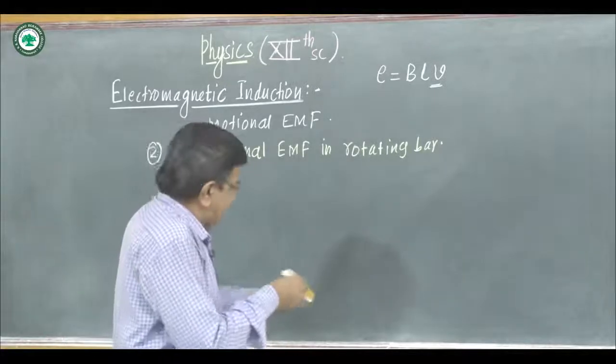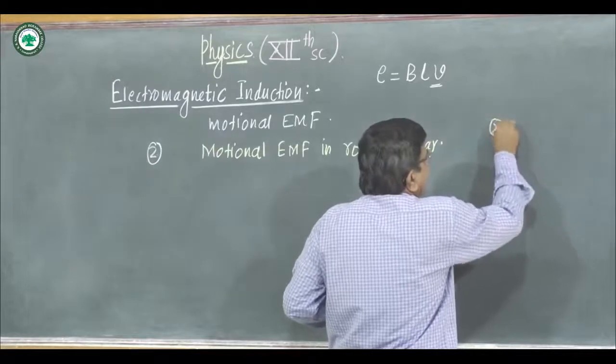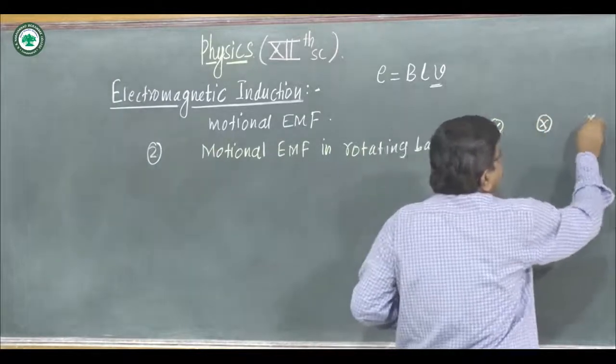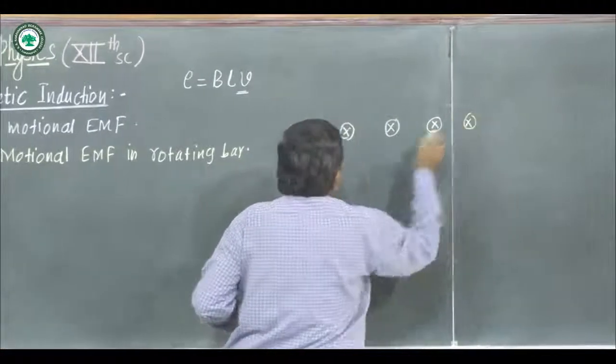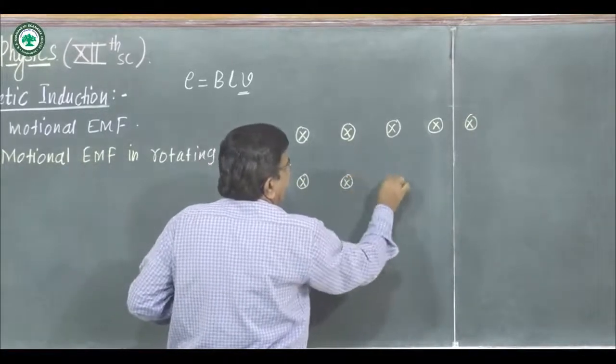For this purpose, we consider a magnetic field perpendicular to the plane of the board. Suppose magnetic field is like this. This cross indicates the magnetic field is perpendicular and it is inward.